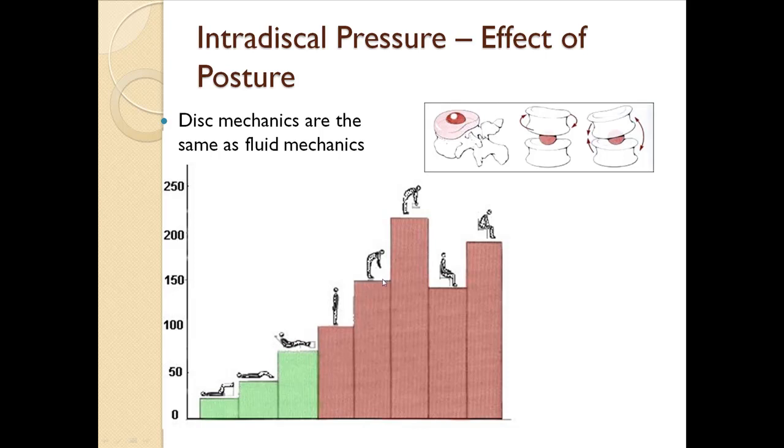But if we stand in a flexed position or stoop forward with a small weight in our hand, we can end up with significant increases in intradiscal pressure, at least double. Sitting and sitting stooped forward also has a significant effect on increasing intradiscal pressure. This in turn will have a tendency to cause a posterior disc movement or a posterior disc bulge.